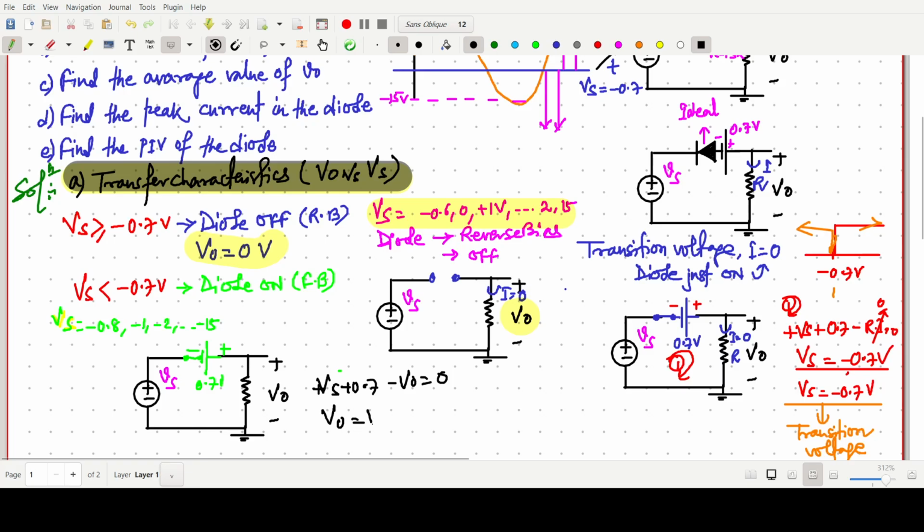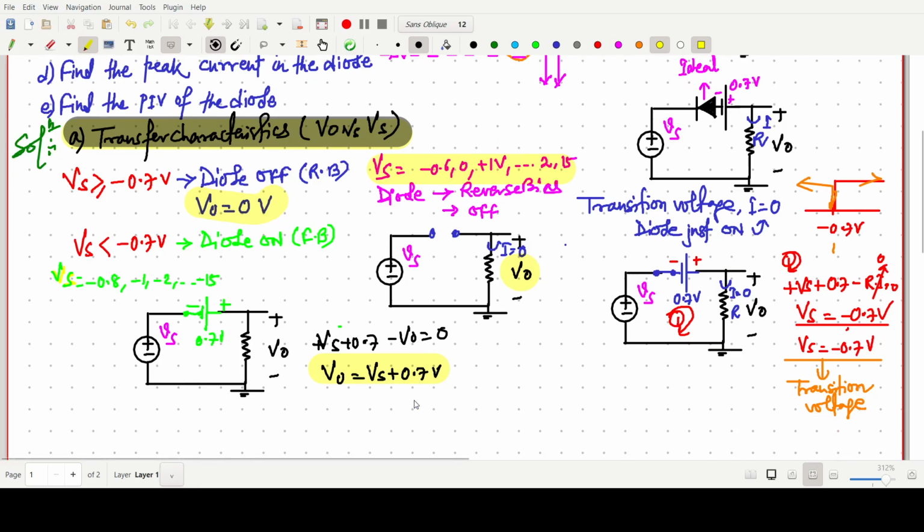So V naught equals Vs plus 0.7 volt. So this will be the output voltage when the diode is on. So the output value will be Vs plus 0.7. So this part is clear.